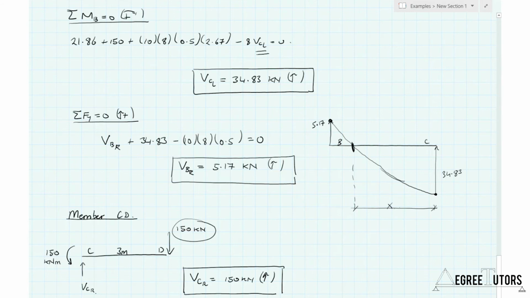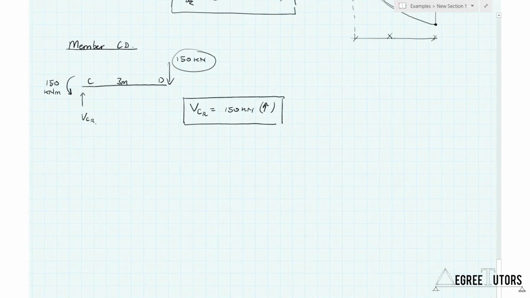So that's the only thing we have left to consider now. What are those span moments for member AB and member BC? To work out the span moment in member AB, I'm going to make a cut in that member at some undefined distance x along the member, and determine a function for the bending moment as a function of x, because the bending moment diagram is simply a curve, a polynomial.